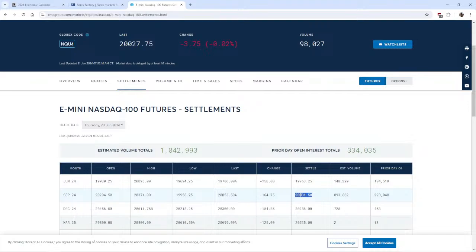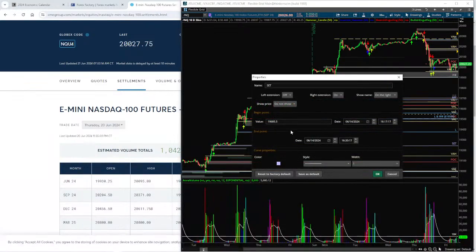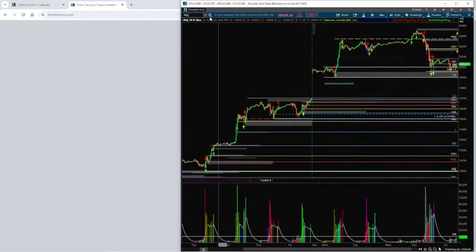September. Let's throw you all the way down to the 20th. There we go. All right, so we're both facing settlement again, which has been chopped around. All right, so those are my levels.